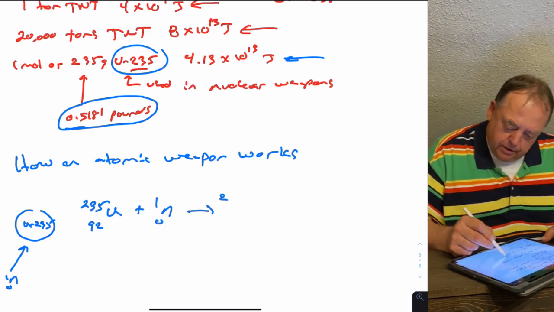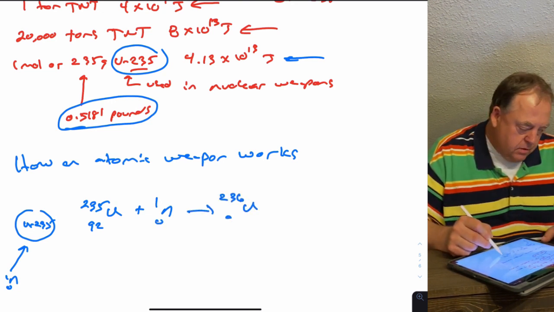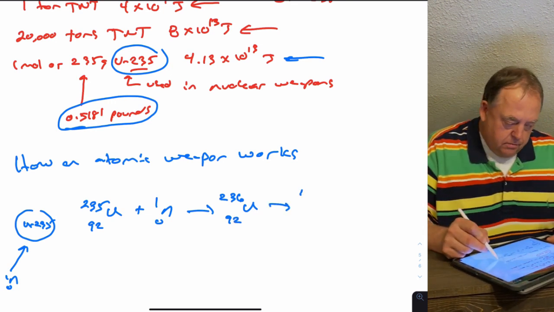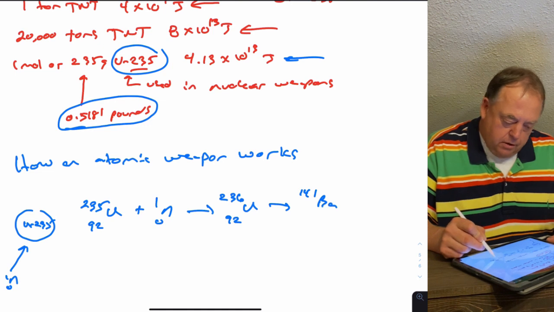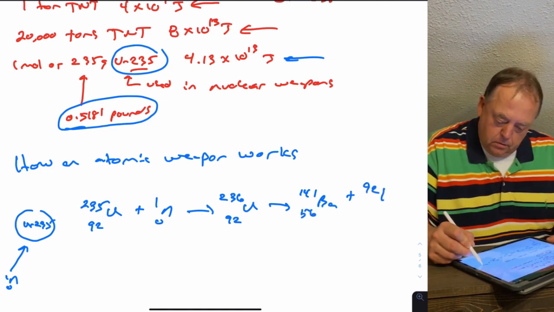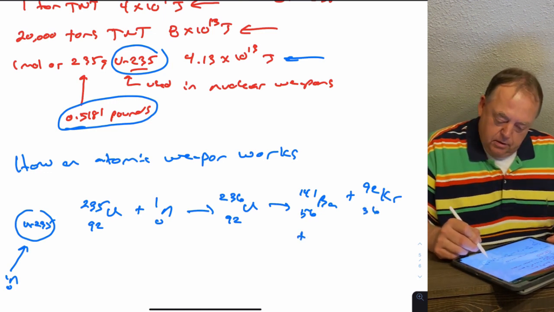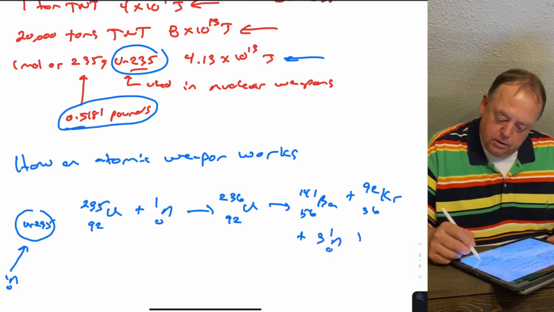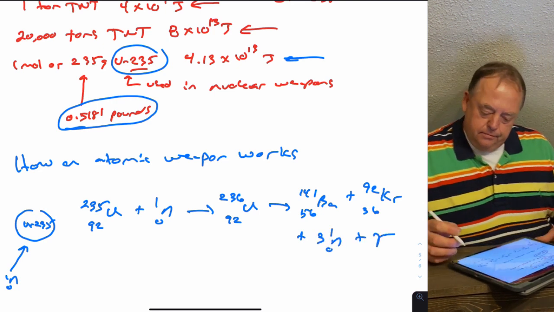So that would make a uranium-236 atom, which then undergoes nuclear decay to a barium-141 plus a krypton-92 plus 3 neutrons plus a gamma ray plus energy.